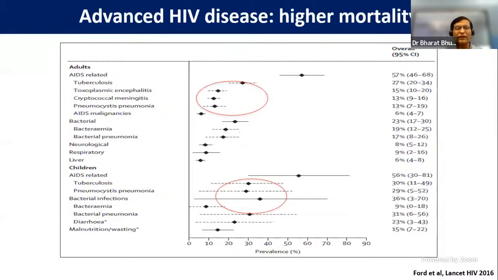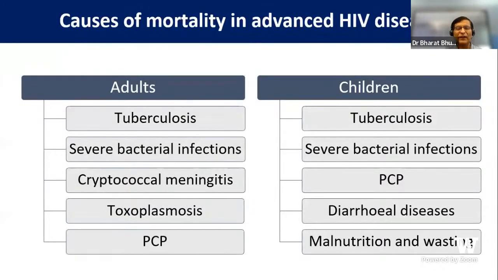This is a study published by Ford et al. from WHO in The Lancet, 2016, which did a meta-analysis of 70 studies, and they found that mortality is higher in those with advanced disease, and they tried to find out the causes, what are the infections that cause mortality among these people. To summarize, the causes of mortality in people with advanced disease are tuberculosis, severe bacterial infection, cryptococcal meningitis, toxoplasmosis, and PCP.